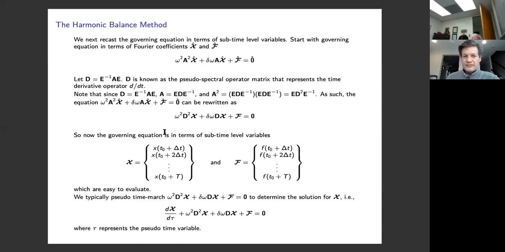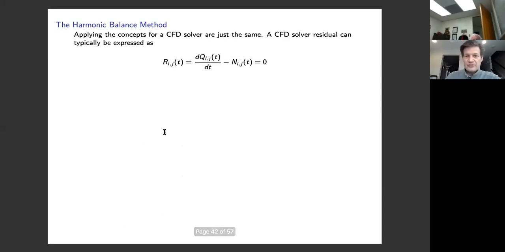And the genius behind what Professor Hall came up with was this idea of reverting to working in terms of subtime level variables instead of Fourier coefficient variables, because it makes life so much easier, and it makes it very easy to implement the methodology as a wrapper around existing flow solver methods, which I'll talk about now in the case of a CFD solver.